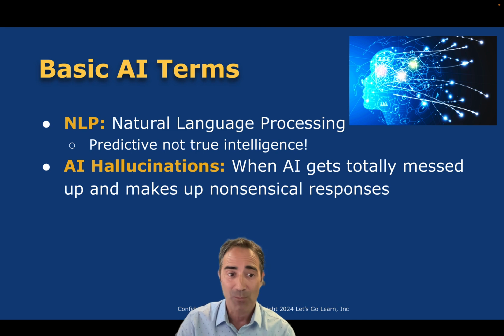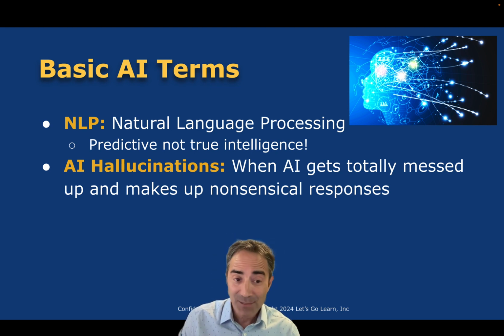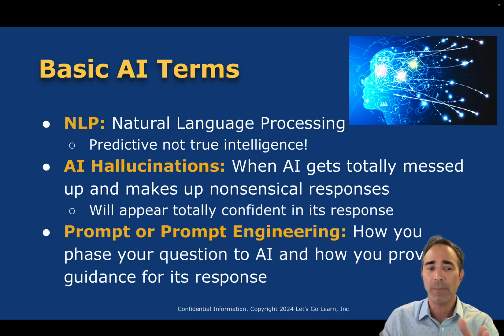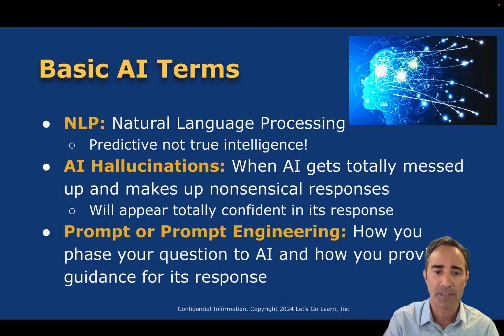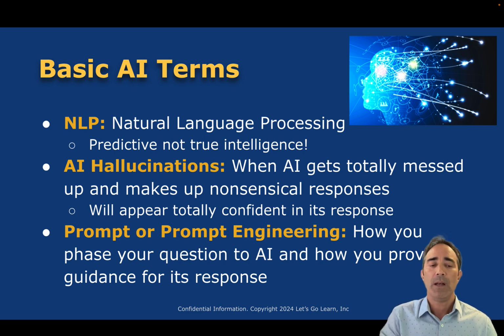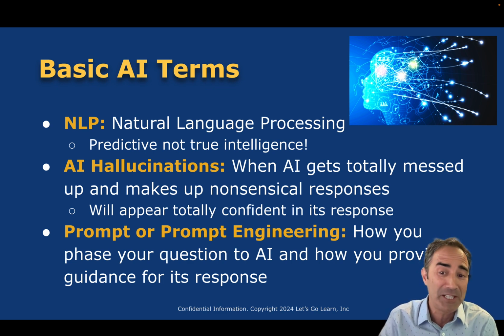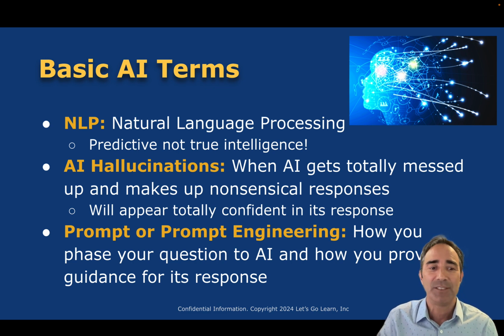Now, here's the other term I want you to know, everyone needs to know about, is AI hallucinations. This is a real term, and it's so bad. When AI gets totally messed up and makes these nonsensical responses, we call that an AI hallucination. And that's why this next piece is a way of overcoming that. It's prompts or prompt engineering, right? So by having good prompts, having people at your organization who know how to write prompts or really getting prompt engineering certification, it allows us to contain and get better results with AI.